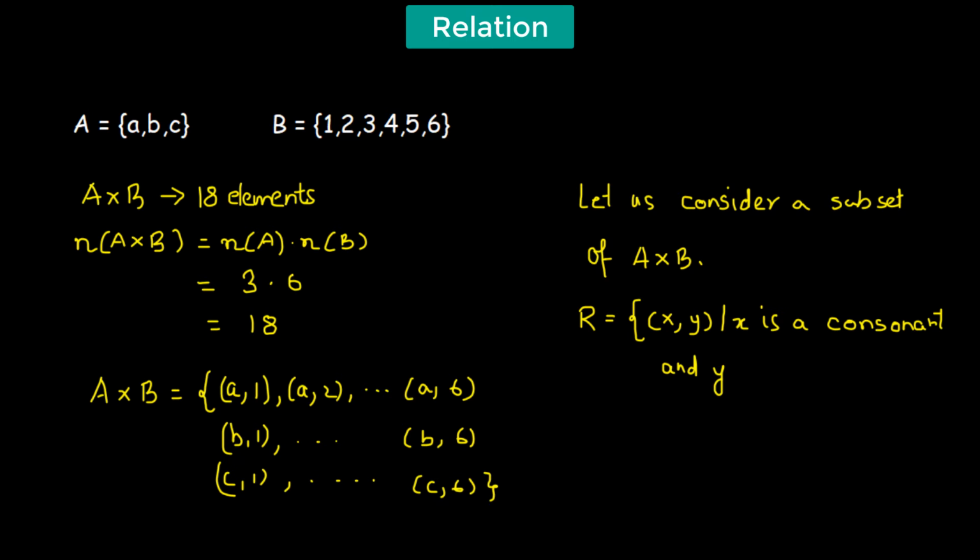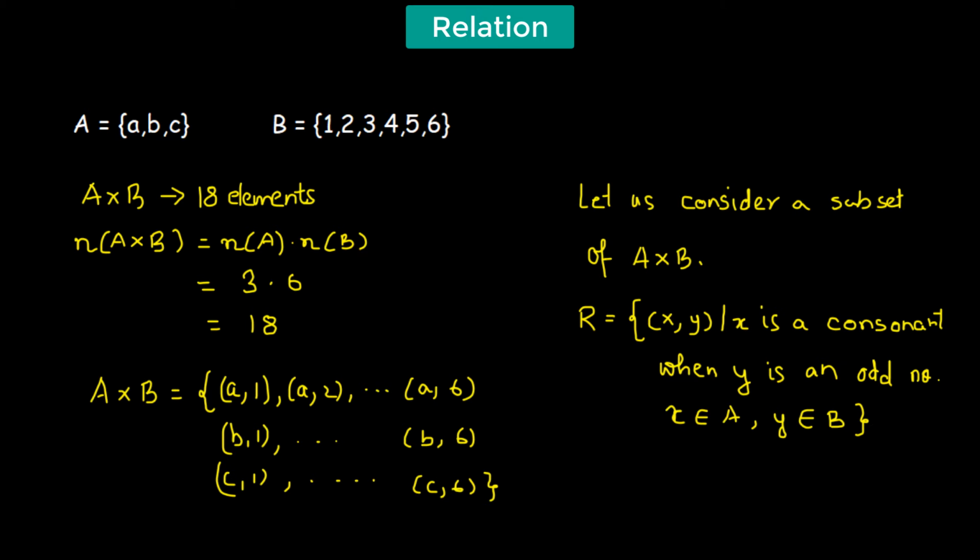Let's write down the relation in such a way that x is a consonant when y is an odd number, with x belonging to set A and y belonging to set B.